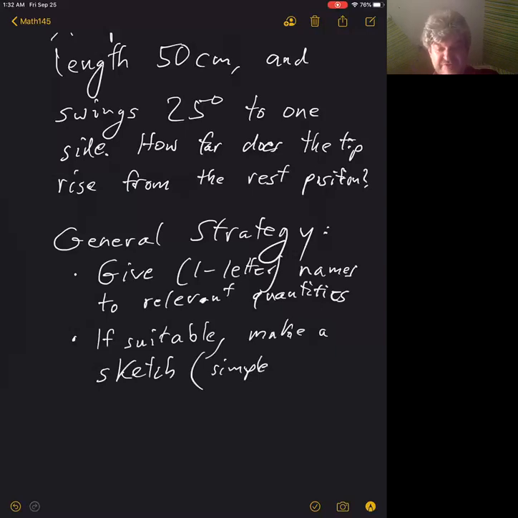Don't do elaborate drawings. Keep it two-dimensional if you can. Don't draw three-dimensional wonderful things, but make it neat and make it big. No squeezing into a tiny corner of your paper.